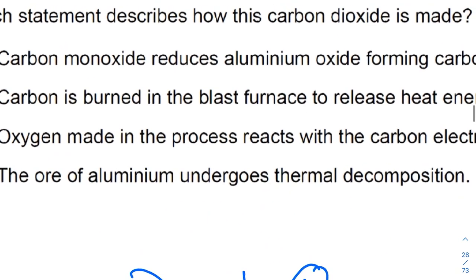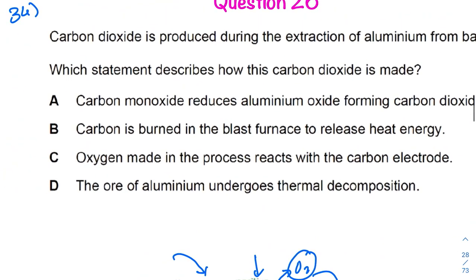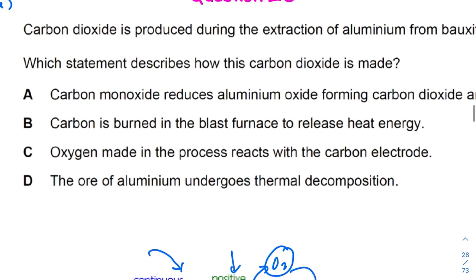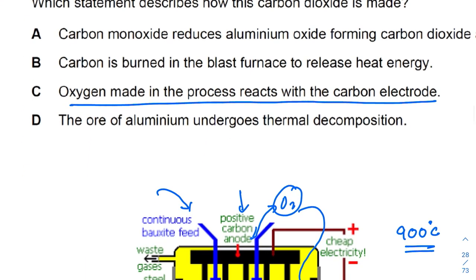So how is carbon dioxide formed? Oxygen is made in the process and reacts with the carbon electrode. So that is option C. Oxygen which is formed at the anode, because of the high temperature of 900 degrees Celsius, will react with the carbon and form carbon dioxide. So option C is going to be the answer.